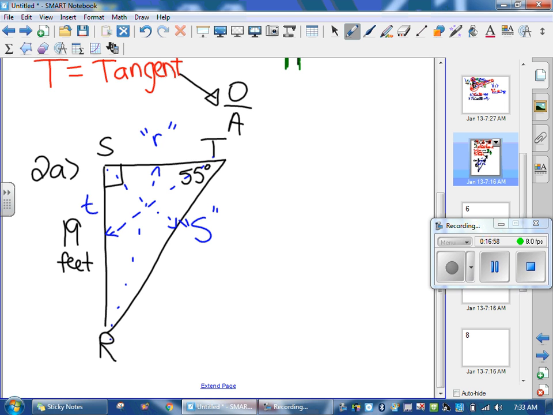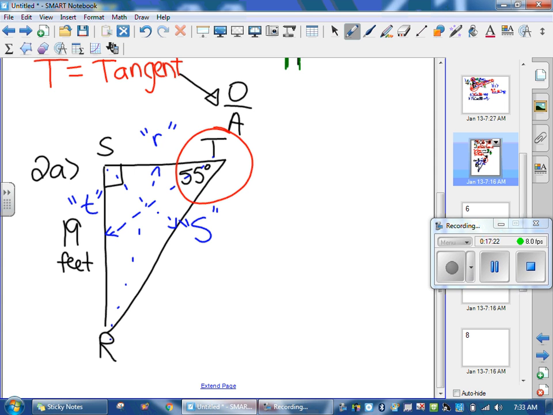Now we need to label our ratios. So the first one I'm going to do is I'm going to circle my angle. We always get to start by circling the angle they give us or the one they're asking us to find. They gave us one of the angles already. So now I need to label the S, the T, and the R sides according to the opposite, adjacent, hypotenuse. So you're always going to label the legs next. That is your second step.